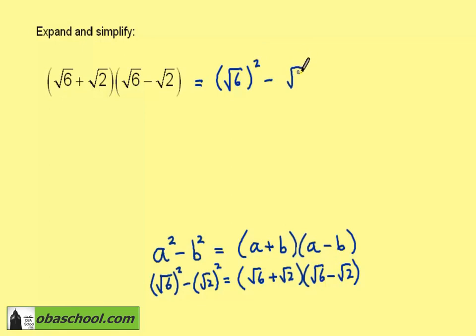So root 6 all squared is 6, root 2 all squared is 2, and 6 take away 2 is 4.